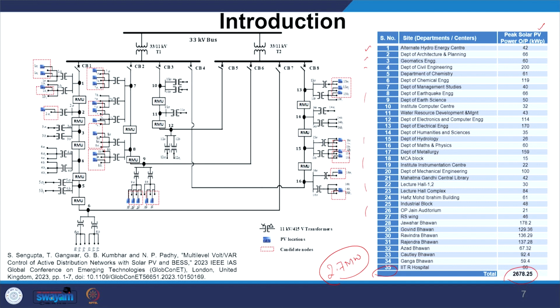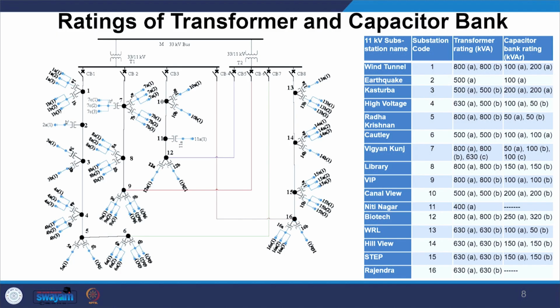You can refer to this article by Sen Gupta et al., where you can get more detailed insight into the distribution system of IIT Roorkee. Now, we have also tried to provide a bit of transformer ratings as well as capacitor bank ratings for you people to carry out some kind of simulation.